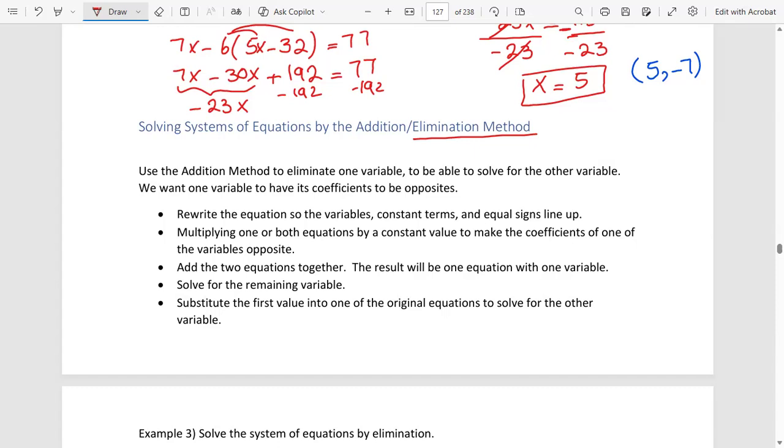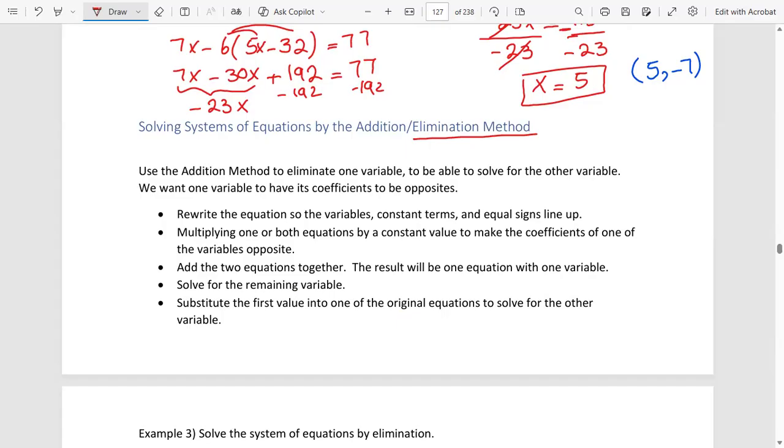So we want to remove one of the variables by adding the two equations. When we add the two equations, the only time the variables cancel each other is when they have the same numbers, like 2x and negative 2x, 3x and negative 3x, 5x and negative 5x. They must have the same numbers with opposite signs so they can cancel each other.